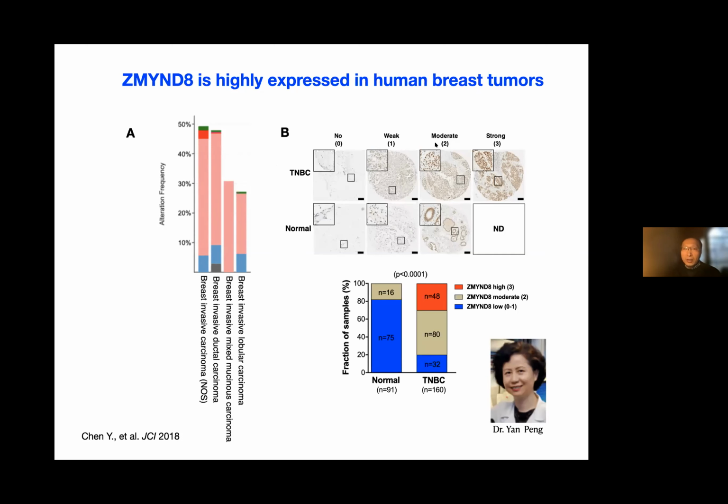You see the MRD8 protein is strongly expressed in triple-negative breast cancer. In contrast, the adjacent normal breast tissue doesn't express or weakly expresses MRD8 protein. We also show MRD8 is negatively correlated with the survival of breast cancer patients.